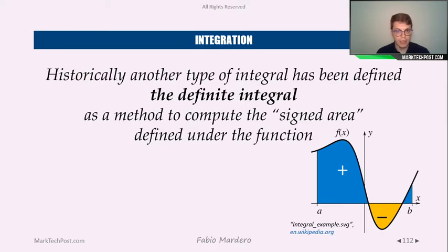But historically, another type of so-called integral has been defined, the definite integral. So the set of antiderivatives was the indefinite integral. Here we are talking about the definite integral. And the definite integral is a method to compute the signed area defined under the function, as we have seen here.